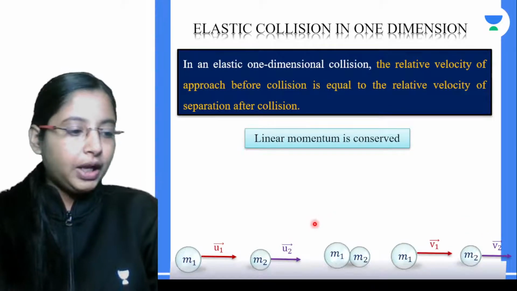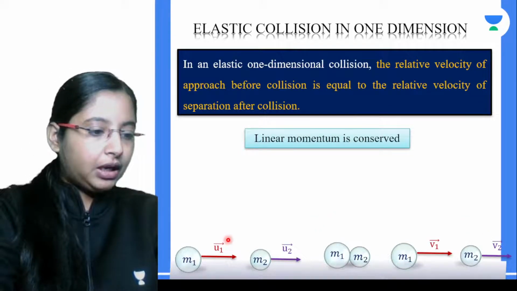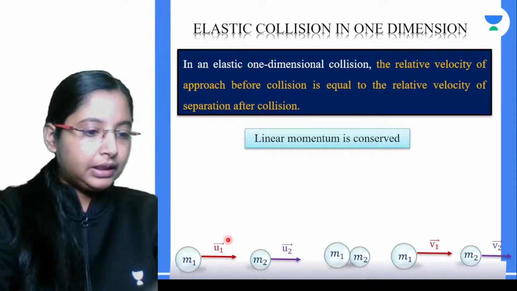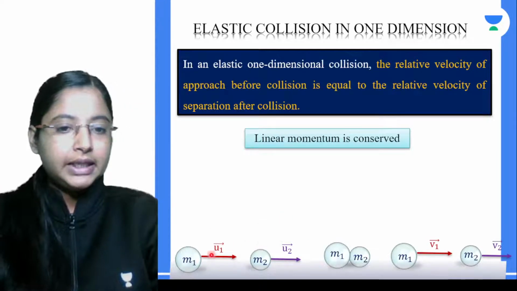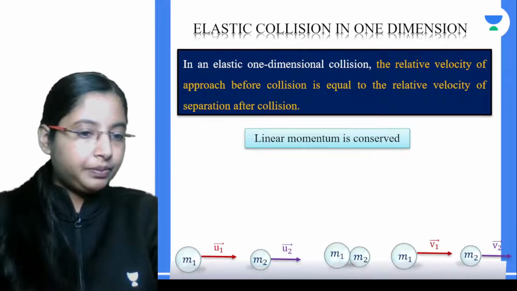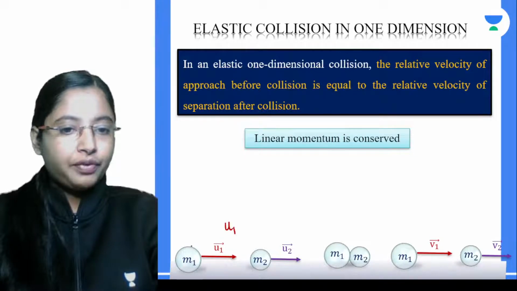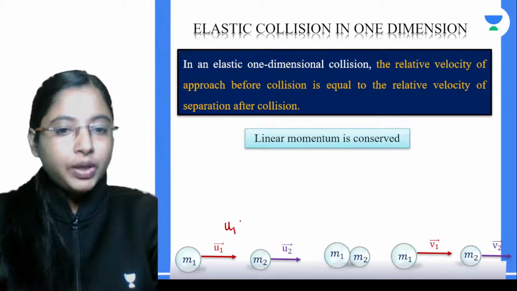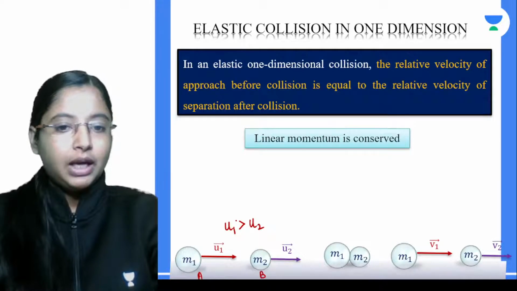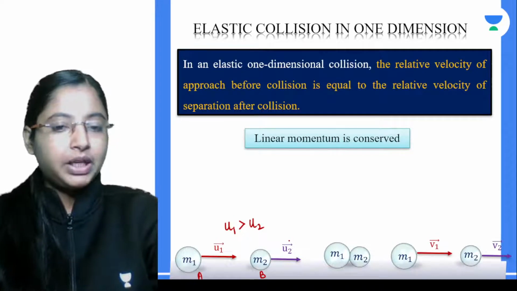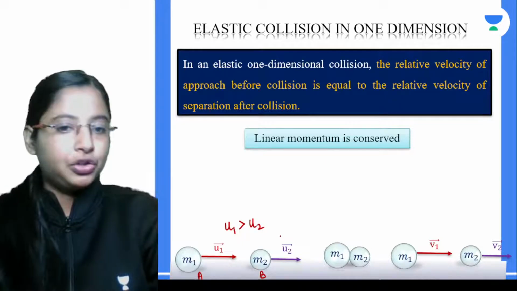Initially, the velocity of m1, this particular object, which we take as object A, should always be greater than the velocity of object 2, object B, for a collision to occur.